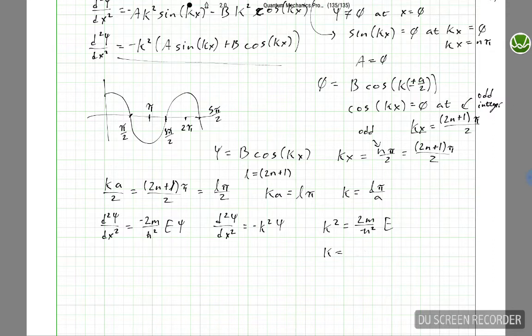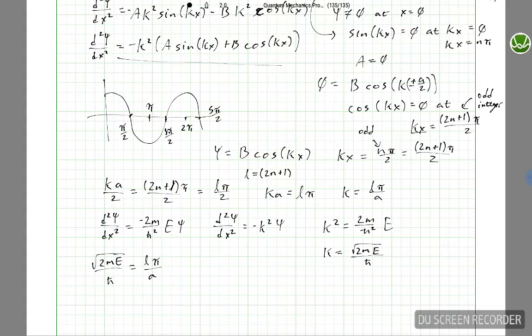Or my k equals square root of 2mE over h bar. So I have square root of 2mE over h bar equals my integer L.